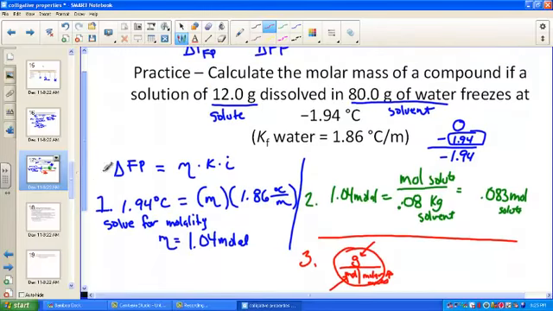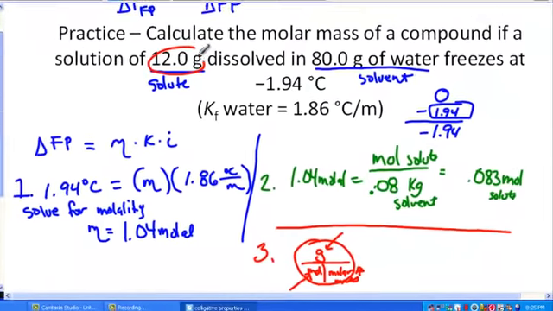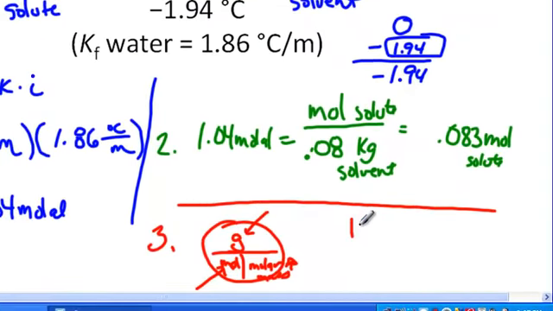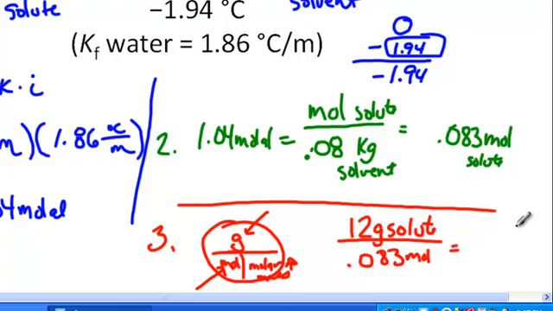Remember how much solute we weighed out? Right up here, 12 grams. The number of moles we determined, 0.083 moles. And we get our unit for molar mass as grams per mole.